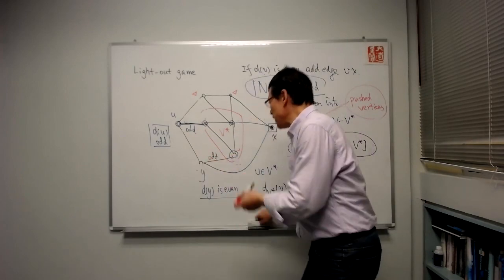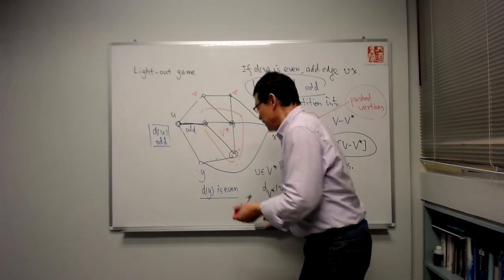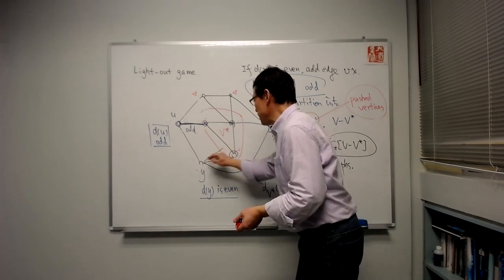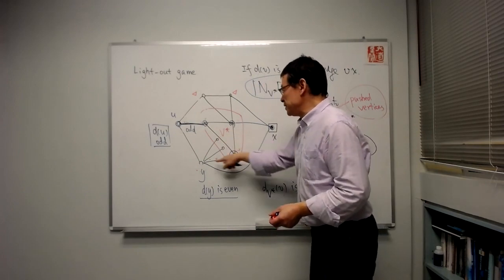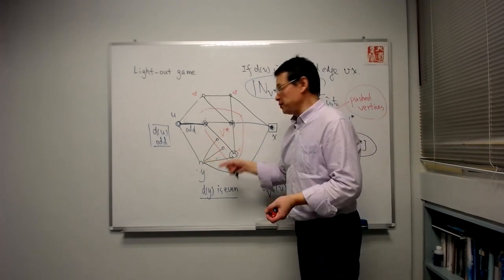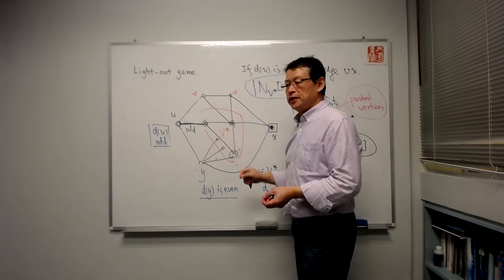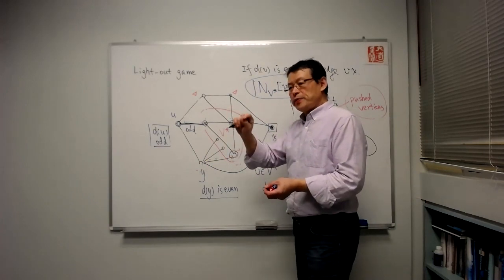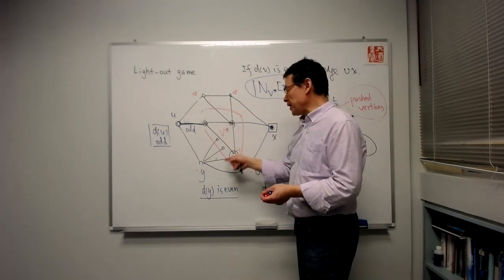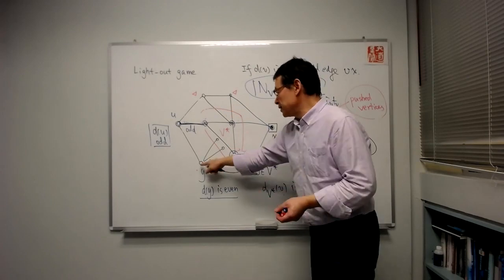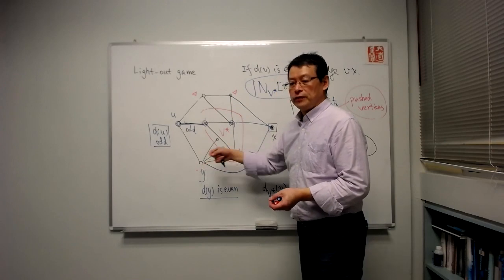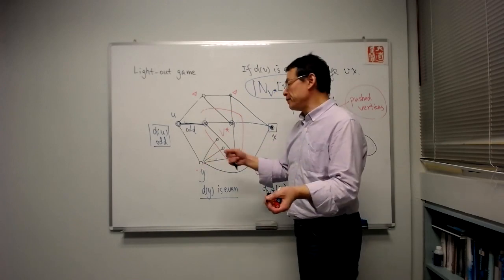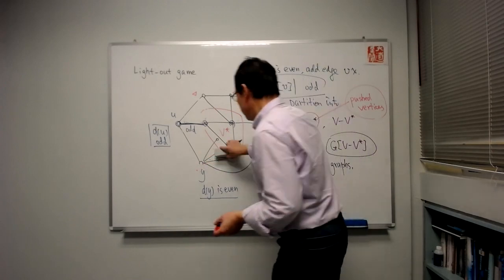In general, there will be an odd number of vertices, maybe 3. Once we push it 3 times, the status of this one changes, because with an even number of times it changes back, but with an odd number of times it will change. So initially it's on, and now it becomes off.